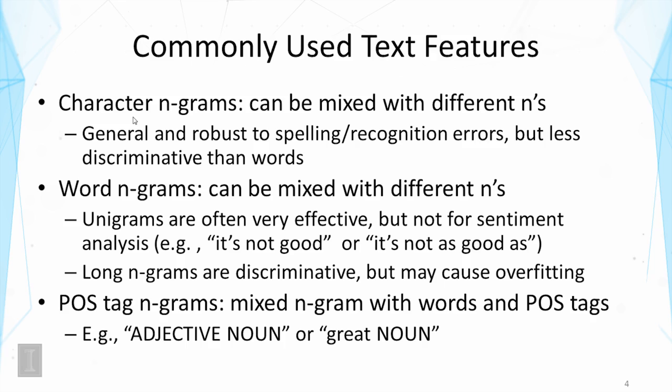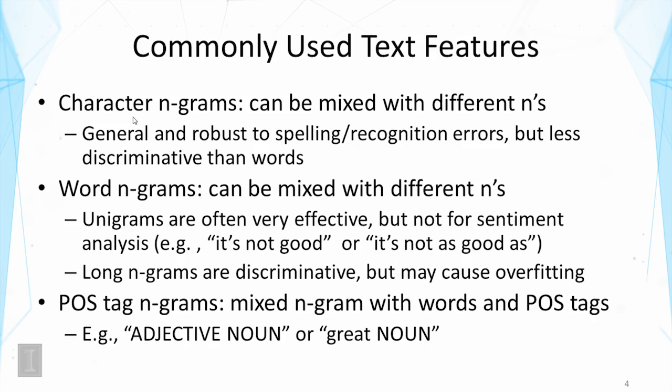For example, we might see a sentence like, it's not good, or it's not as good as something else. So in such a case, if you just take good, that would suggest positive, that's not good. So it's not accurate. But if you take the bigram, not good, together, then it's more accurate.